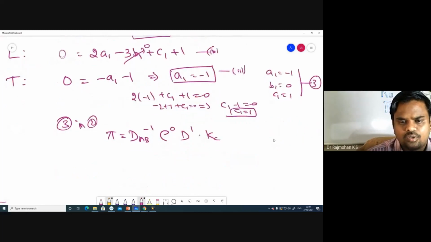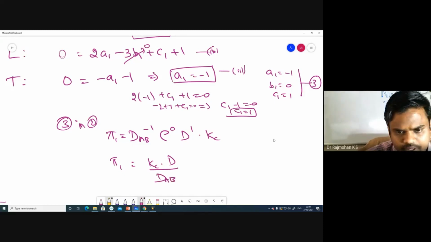Rho power 0 is 1. So pi1 equals Kc into D divided by DAB, which is nothing but the Sherwood number.